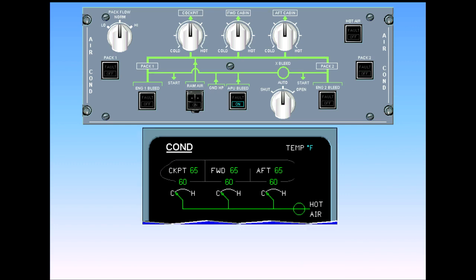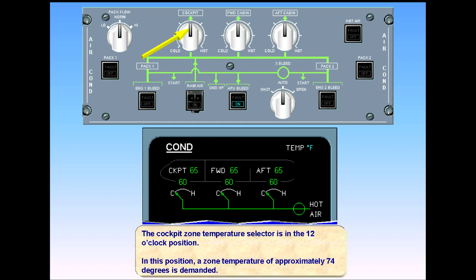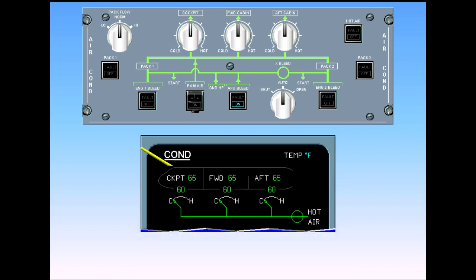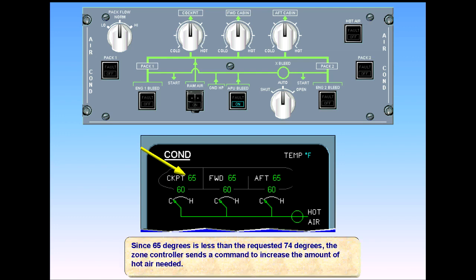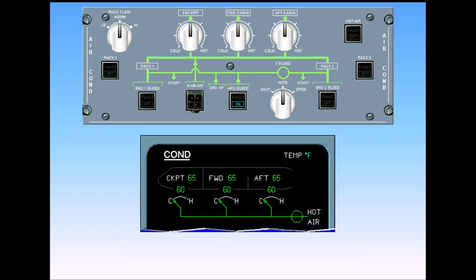The cockpit zone temperature selector is in the 12 o'clock position. In this position, a zone temperature of approximately 74 degrees is demanded. Since 65 degrees is less than the requested 74 degrees, the zone controller sends a command to increase the amount of hot air needed. As a result, the trim air valve opens.